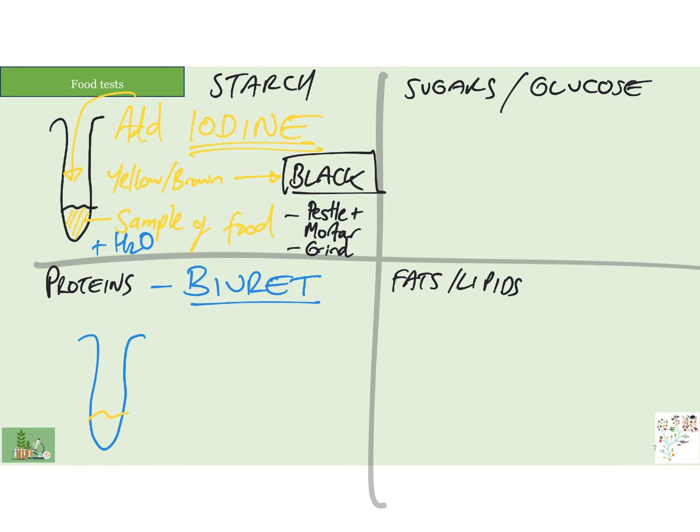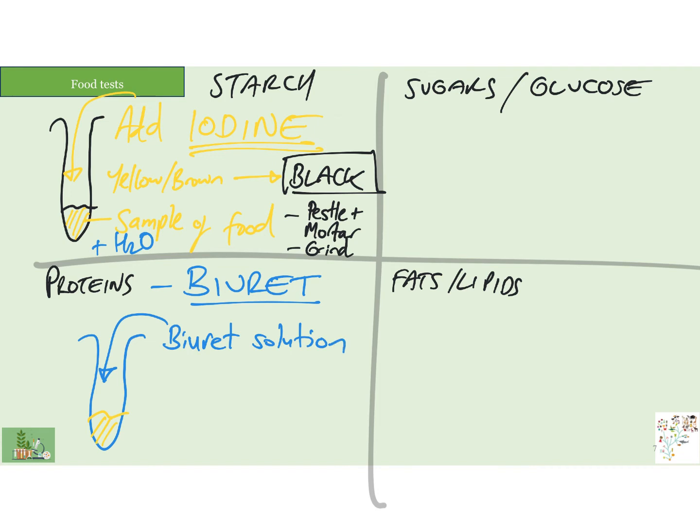Inside my test tube, I have a solution of food which has been ground up using a pestle and mortar and water. And then I add a few drops of Biuret solution to my test tube.